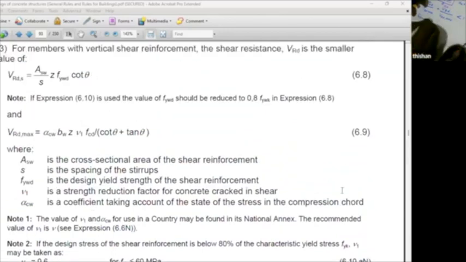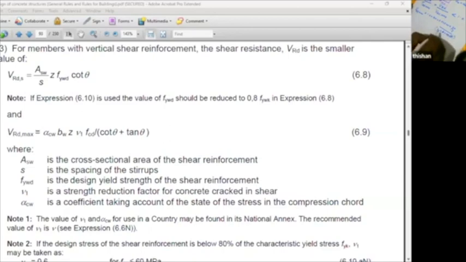So that is 1.0 multiplied by width of the web 300 multiplied by Z, 0.9 times 540, multiplied by nu. Nu is a capacity reduction factor, multiplied by 30 divided by 1.5, divided by cot theta plus tan theta.